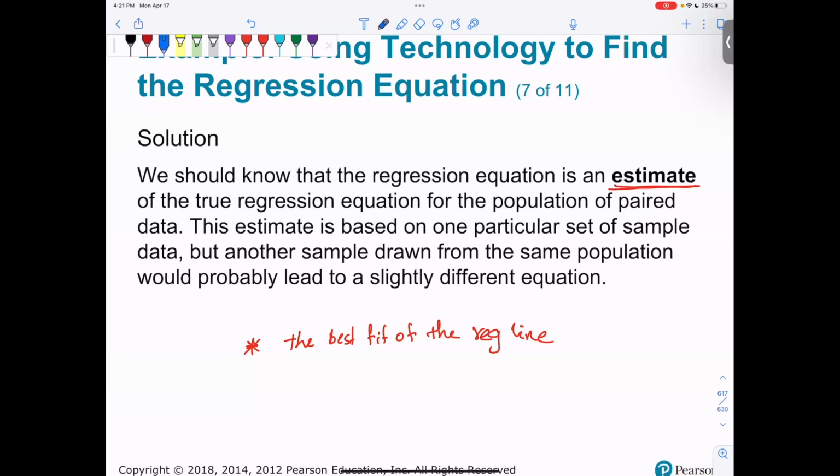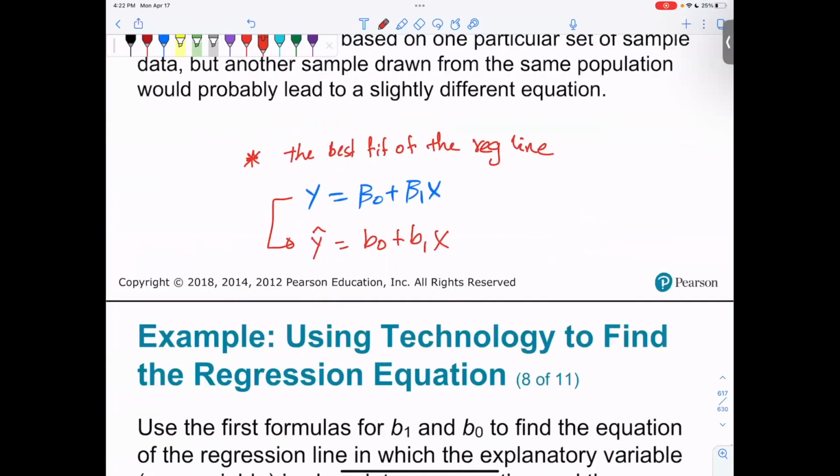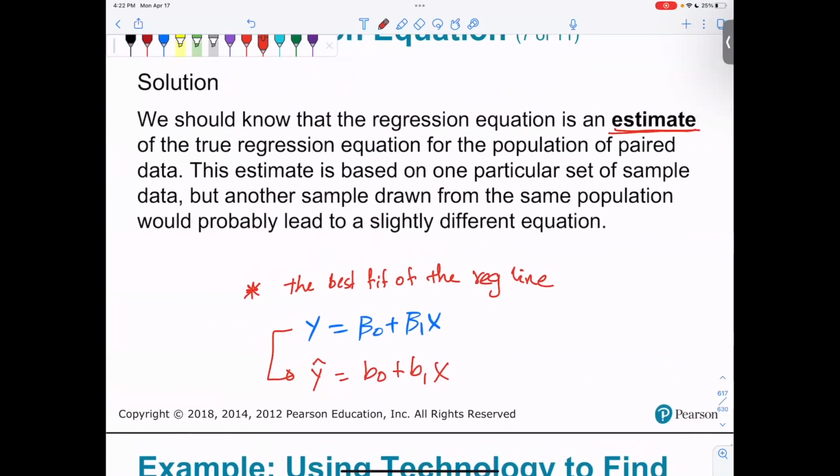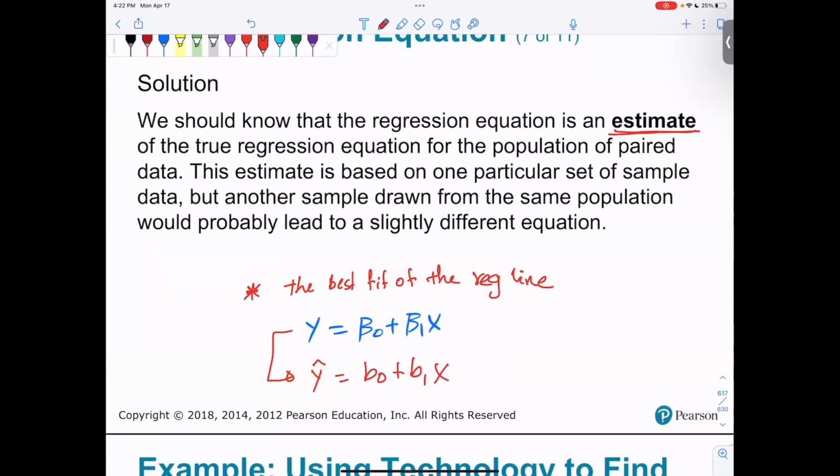So this is y equals beta 0 plus beta 1x. This is unknown, but we did estimate this one using y hat equals beta 0 plus beta 1x. Okay. And remember that as we increase the sample size, this line will be closer to this invisible line.